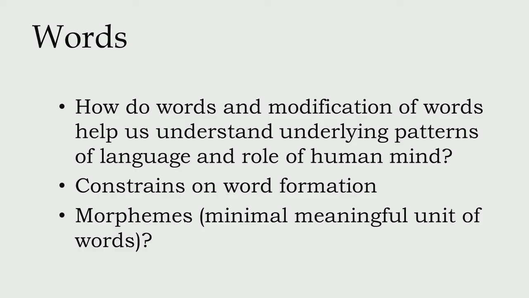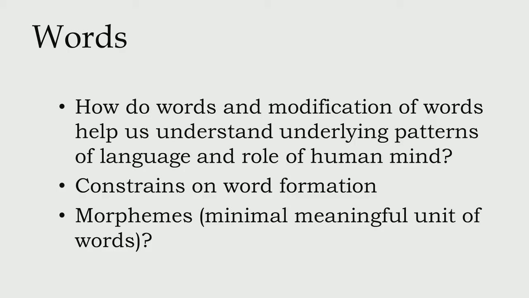By now you have seen several examples of such patterns, and we have tried to understand how these words and a little bit of modification of words help us understand underlying patterns of language and the role of the human mind. The underlying pattern is the crucial thing for us to understand, and we have seen several examples of such underlying patterns.